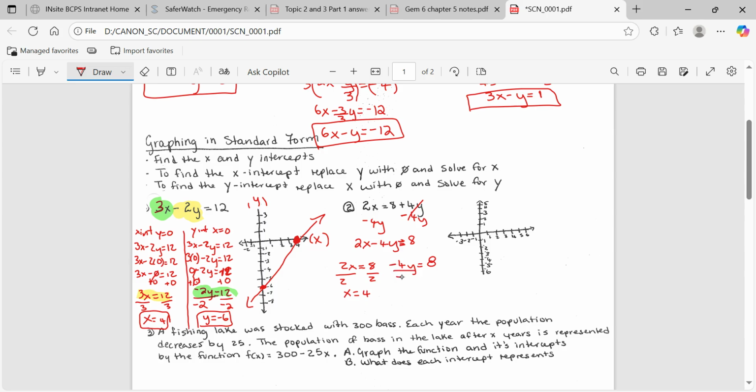Then I would divide both sides by negative 4, so that y is equal to negative 2. My x-intercept again is at 4, and my y-intercept is over here at negative 2. There's my graph.